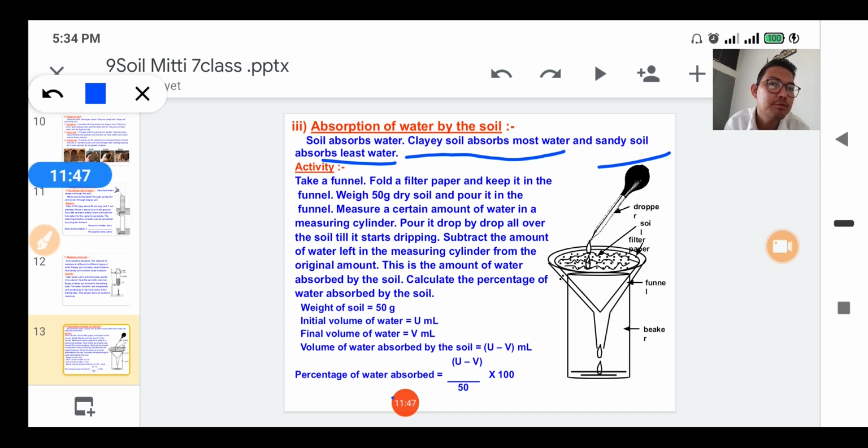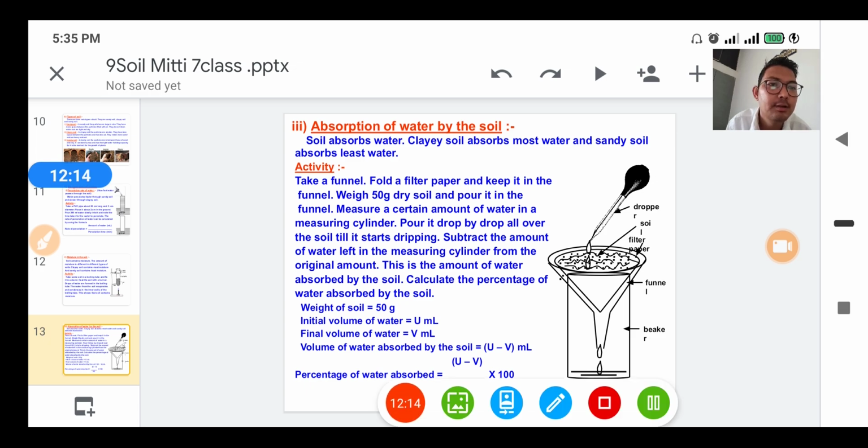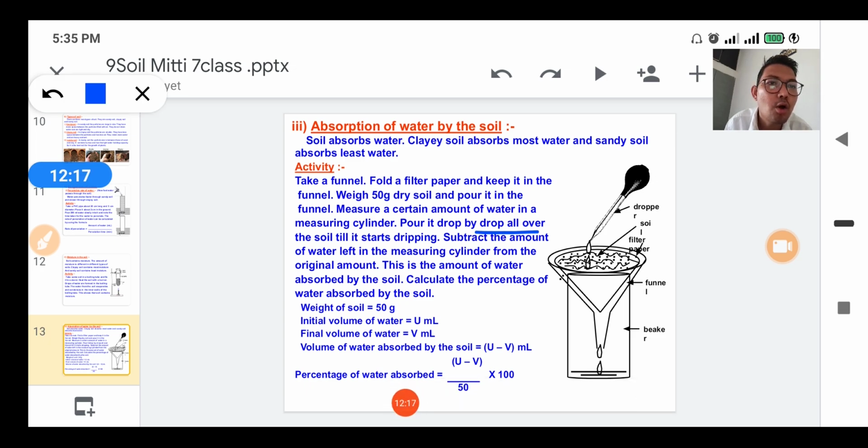What you have to do, you have to take one funnel like it is shown here, then you keep it inside a beaker and then put a fold of filter paper, and weigh 50 gram dry soil and pour it in the funnel. Now measure a certain amount of water in a measuring cylinder and pour it drop by drop over the soil till it starts dripping.